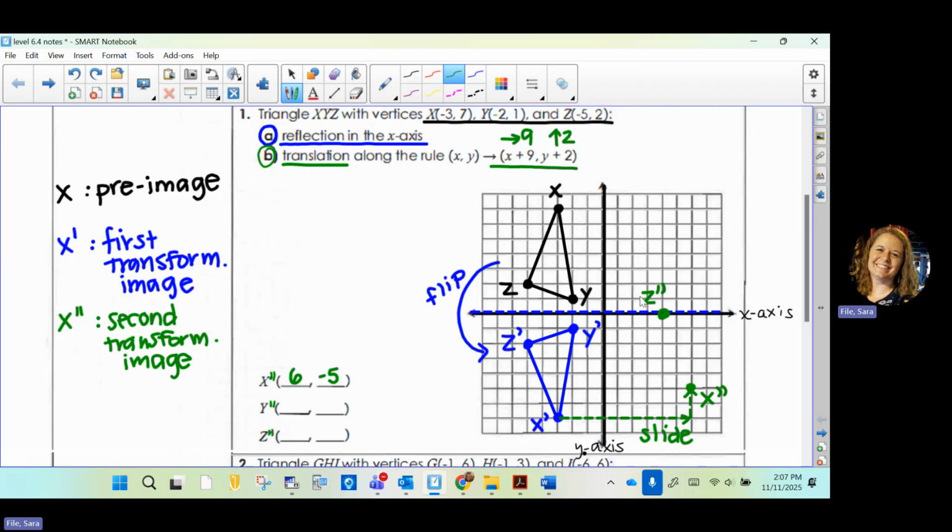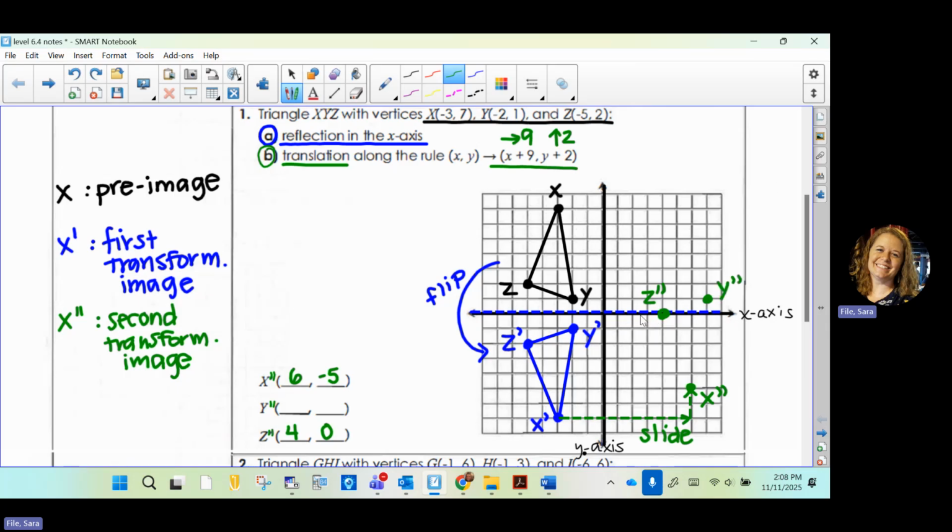And that point is at (1, 0). And then from Z to Y, I could go up 1 over 3 to get to my new Y, which would be Y double prime.